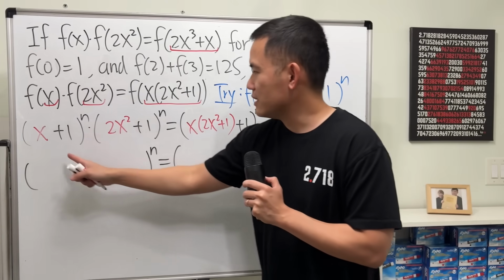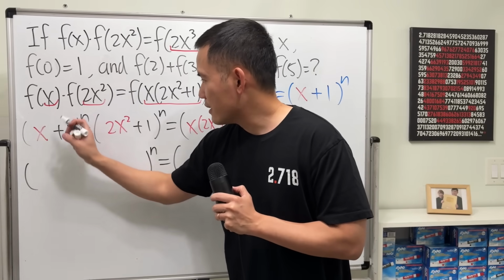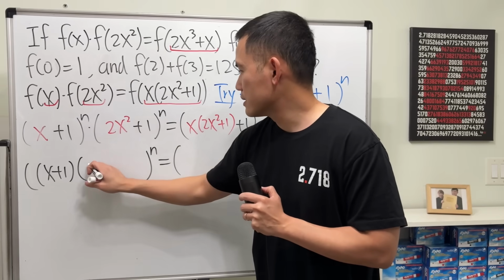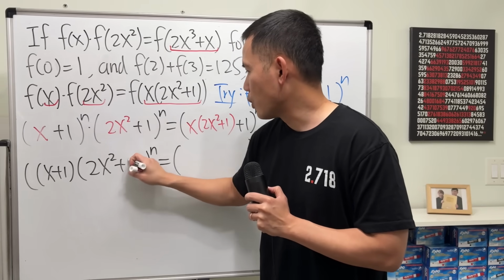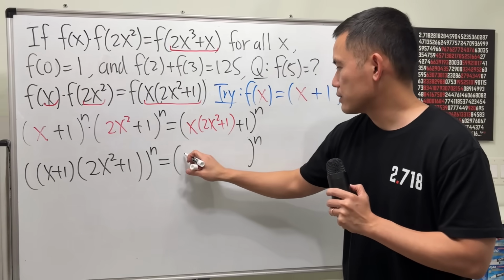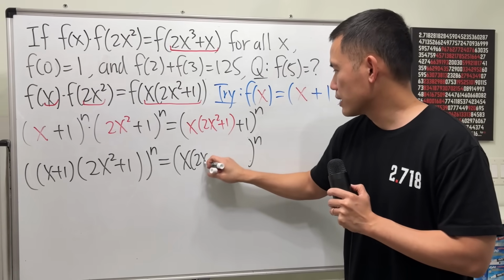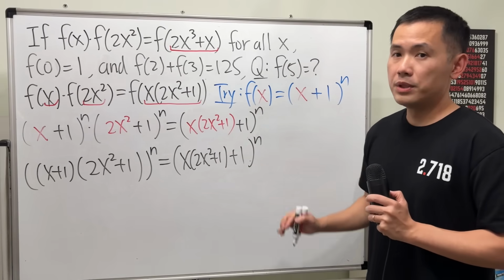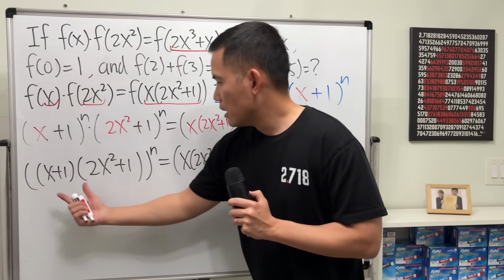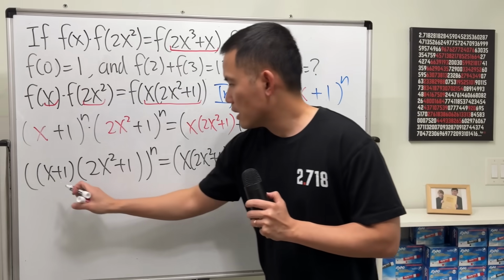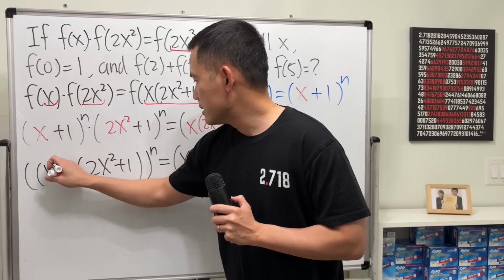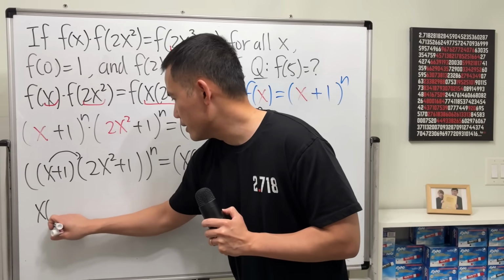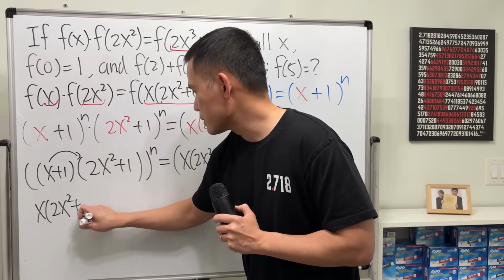Okay, so let's see. Multiplied inside, the first one is just going to be x plus 1. And then the second one is 2x squared plus 1. And that will be equal to this, right? So it's x times (2x squared plus 1) and then plus 1. I don't want to distribute this, because if you just focus on the inside, I can take the x times the first whole thing here. So I get x times (2x squared plus 1).